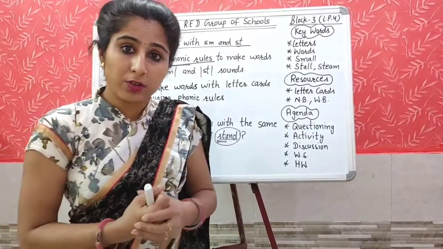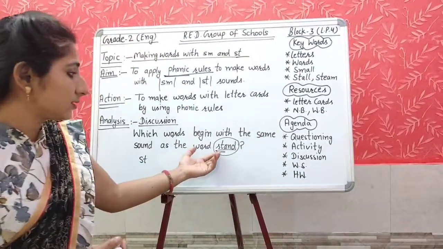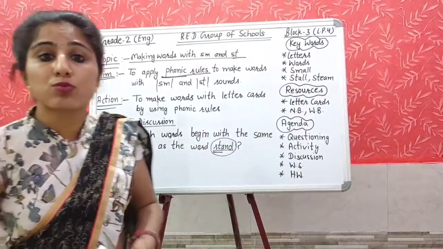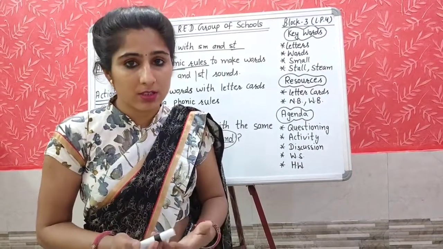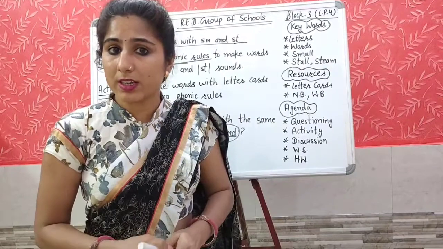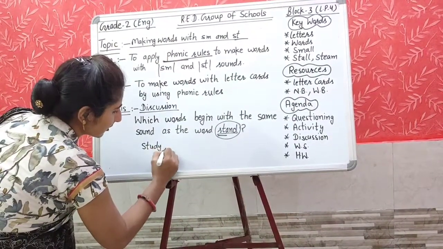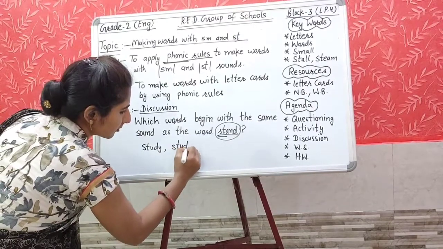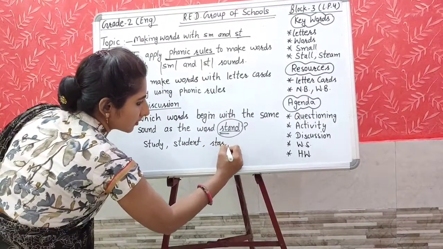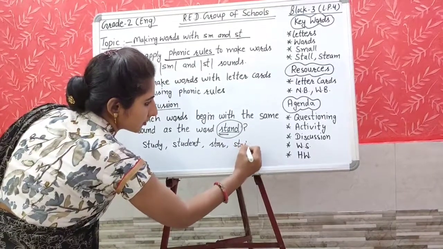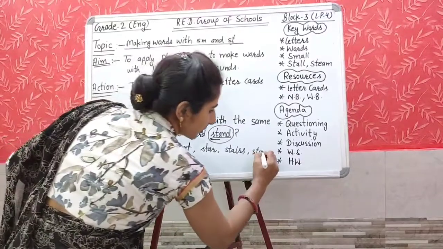Right. We can make many words with the same sound as in stand, like student, stairs, star, study. Yes, these words all have the same sound, right? Like study, student, star, stairs, stupid.